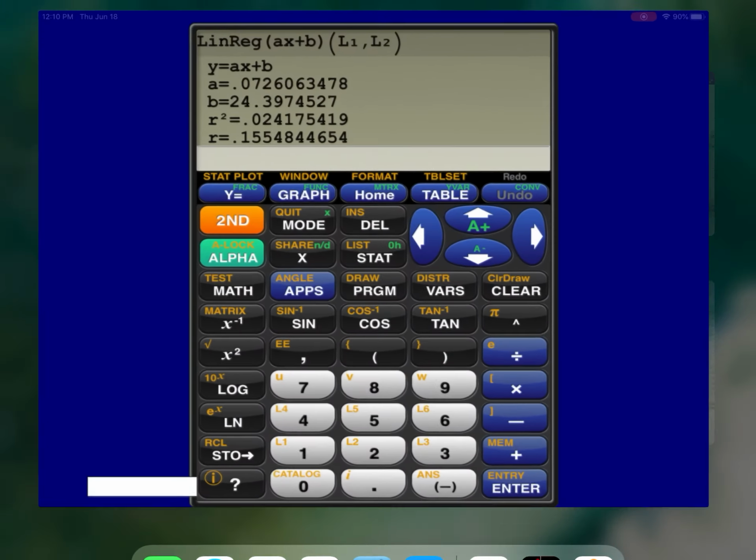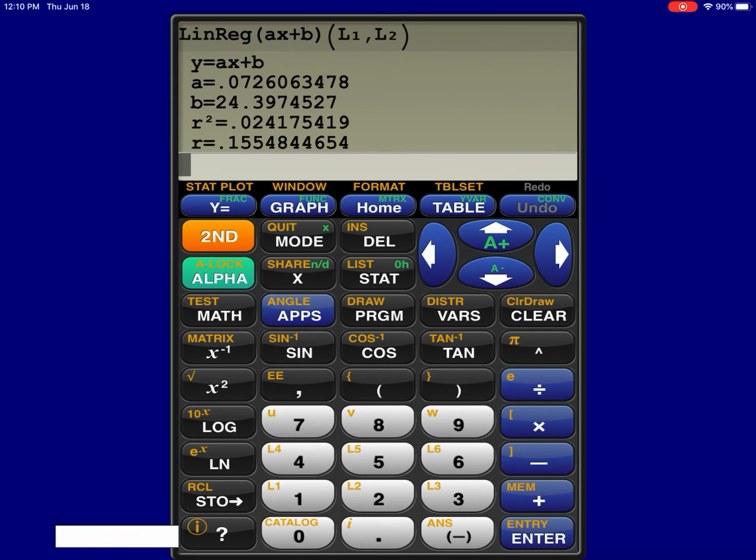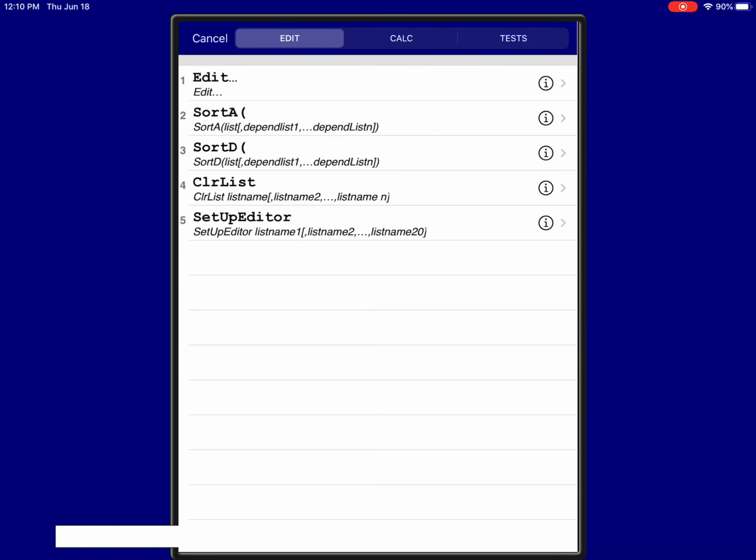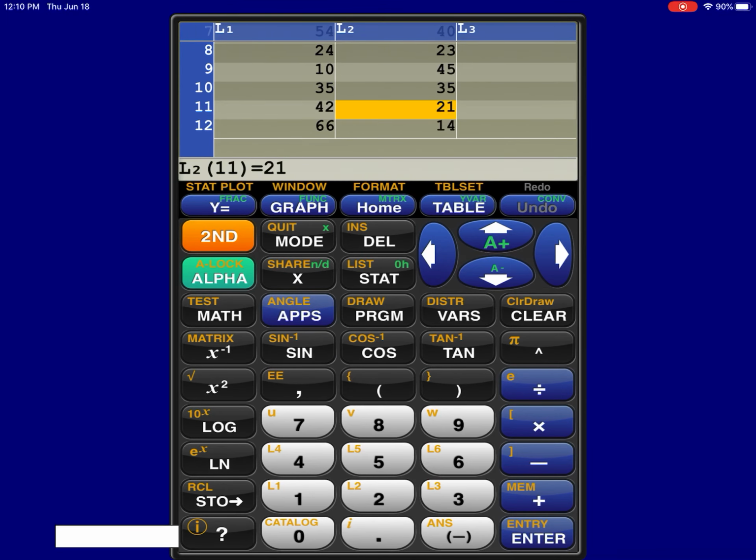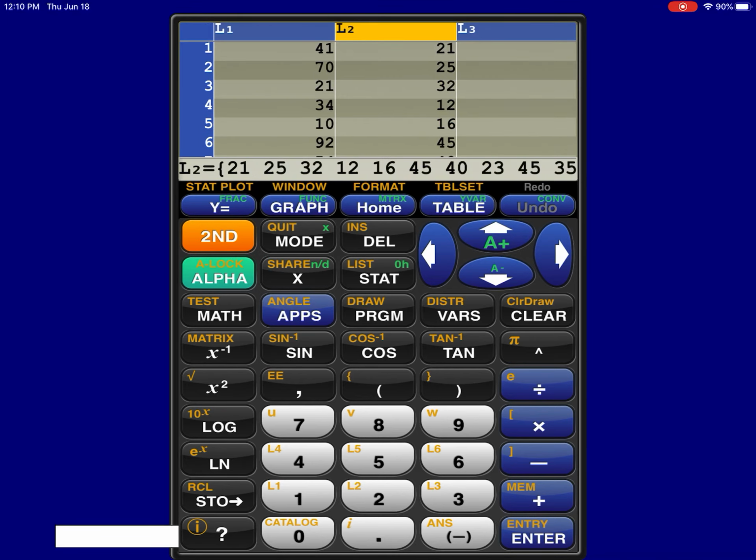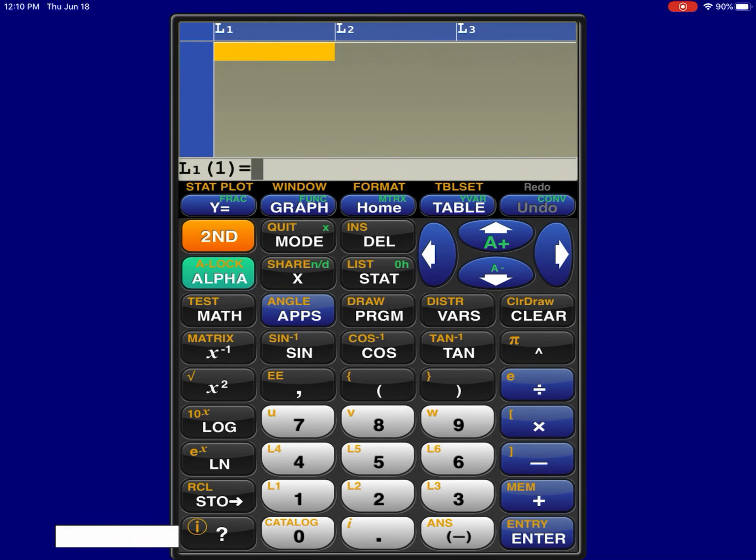So I'm going to put the data in my table. I'm going to clear my graph, go back to Stat, Edit, and clear my data that I had previously. And I'm going to put in the values: 153, 629, 471.